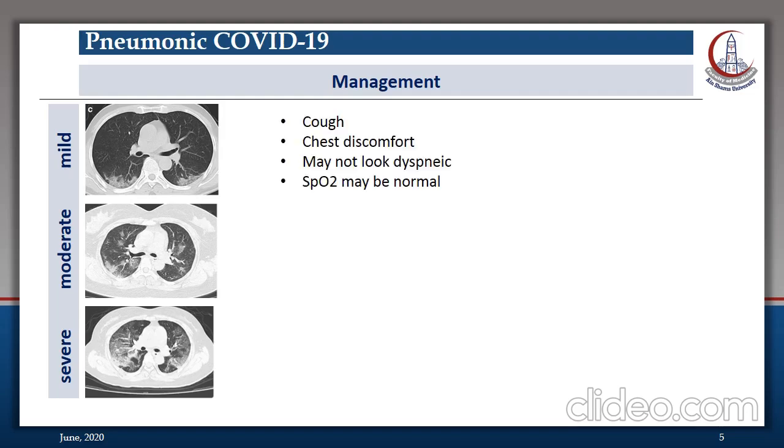The patient at this stage may complain of cough or commonly complains of cough. He may express some chest discomfort, but usually he doesn't look dyspneic, and if you check the oxygen saturation, you will find it around the normal.